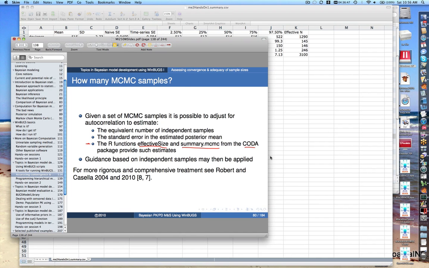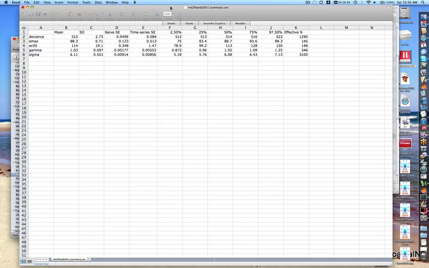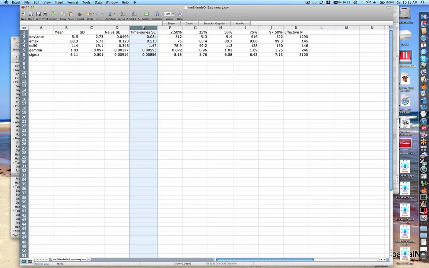Actually, summary.mcmc produces a bunch of other statistics too, but in particular it produces an estimate of the standard error adjusted for the autocorrelation. And then here is our effective N over here.